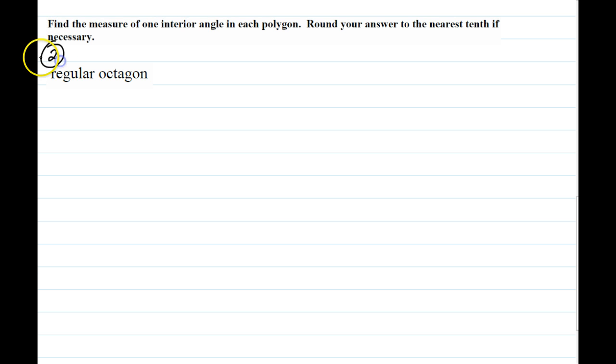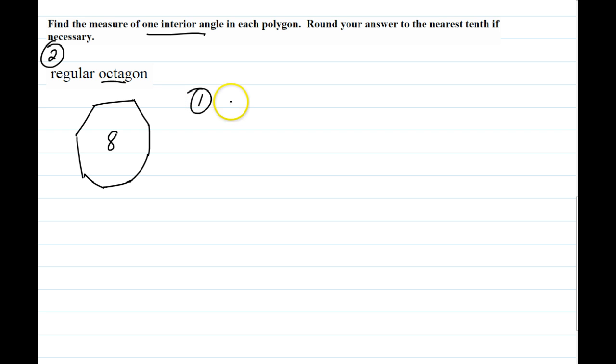Problem 2 is find the measure of one interior angle. Here they tell us the word, an octagon. An octagon has 8 sides. Not the best drawing in the world, but we don't really need a drawing, we just need to know that an octagon has 8 sides. So what we're going to do first is identify the number of sides.